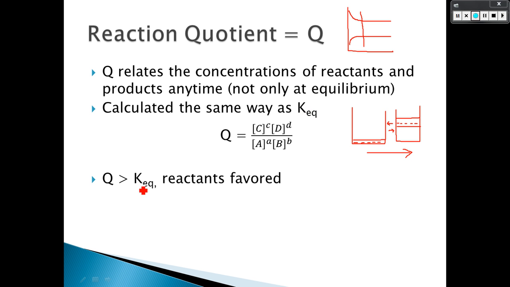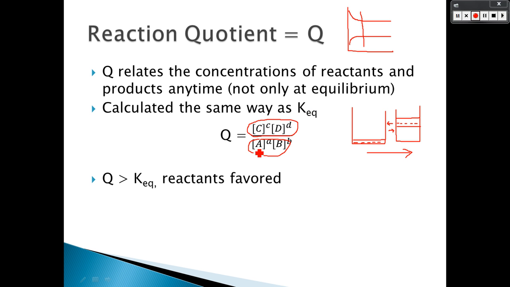If Q is greater than Keq, that means the reactants have been favored in this reaction. So think about this. In order for Q to be bigger than Keq, that means this number here, the products, either needs to be larger, or this number here needs to be smaller. That's what's going to give you a larger Q than Keq.